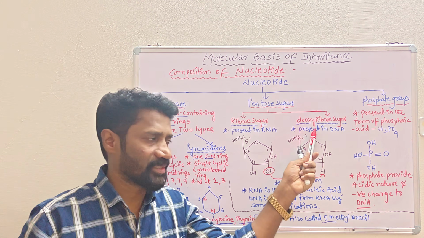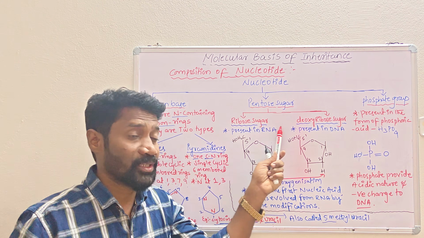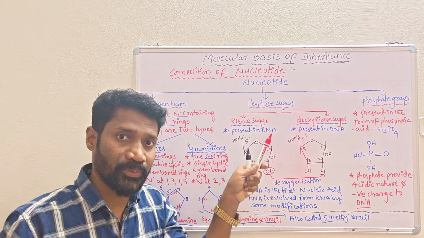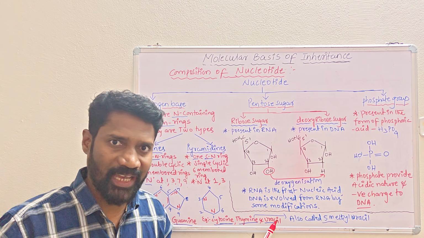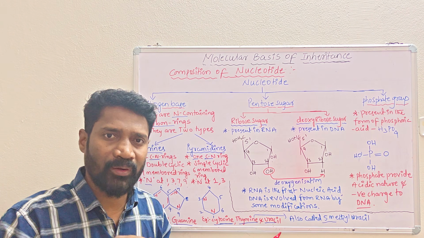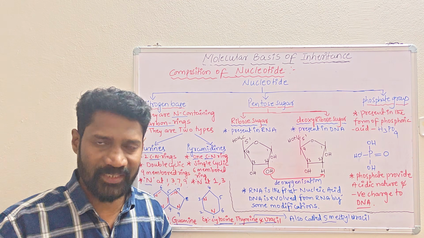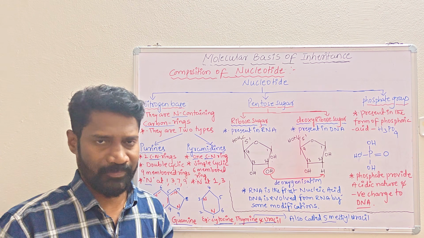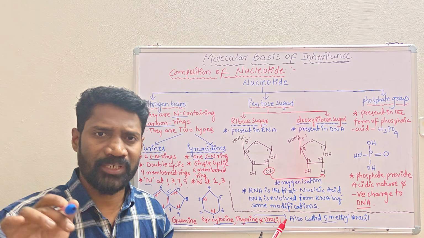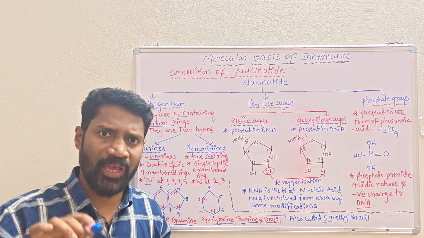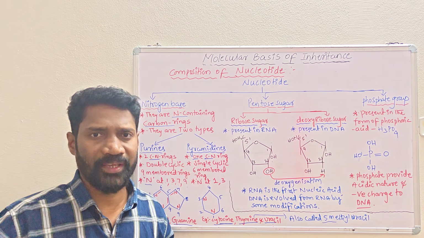Based on the type of sugar present in the nucleic acids, they are divided into two types. When the nucleic acid has ribose sugar, it is called ribonucleic acid, nothing but RNA. When the nucleic acid has deoxyribose sugar, it is called deoxyribonucleic acid, nothing but DNA.